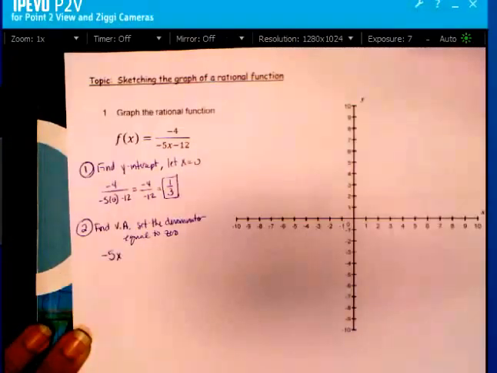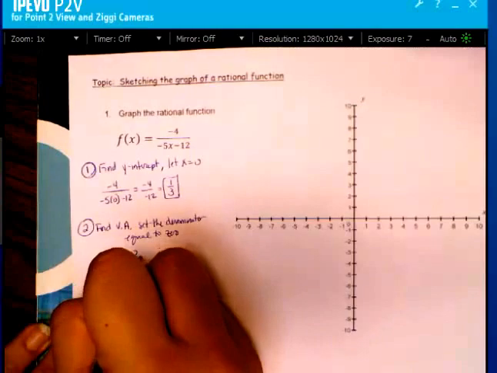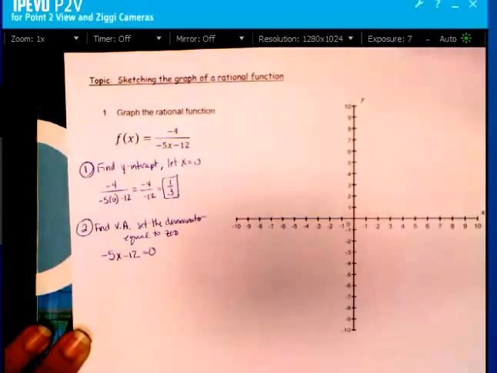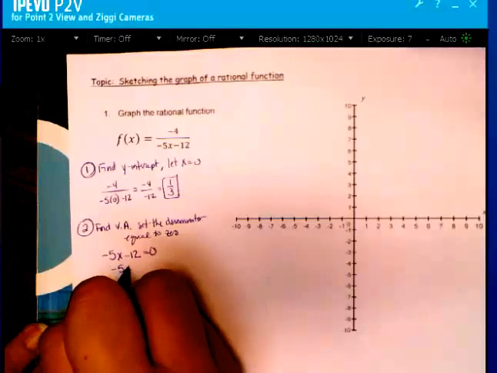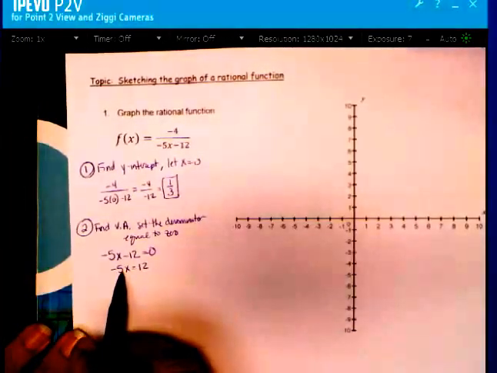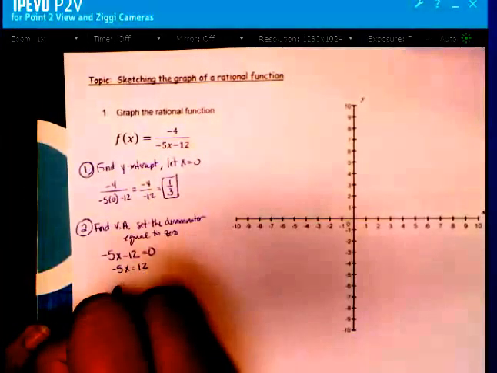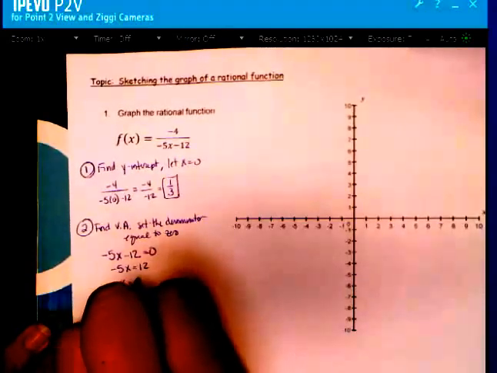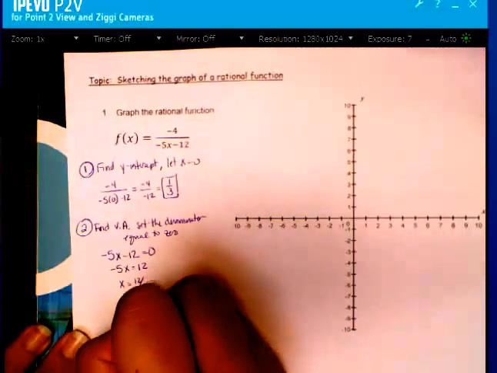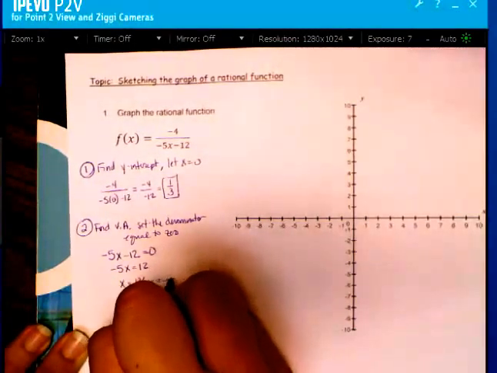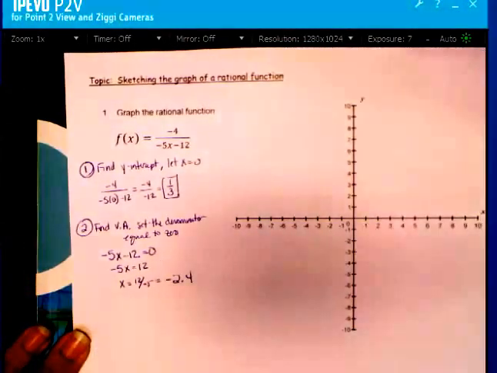So we've got -5x minus 12 equal to 0. To solve for this, we're going to add 12 to both sides, and then we divide both sides by -5. So we get x equals 12 divided by -5, which we can write as a decimal of -2.4.